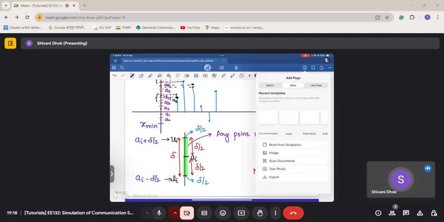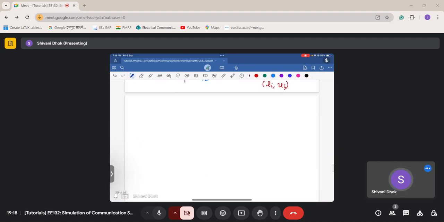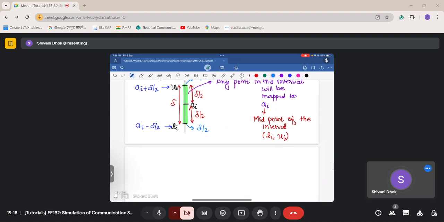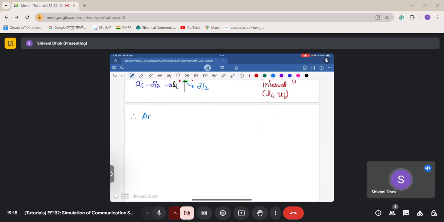So any point that lies in Ai minus delta by 2 to Ai plus delta by 2 will be mapped to Ai.